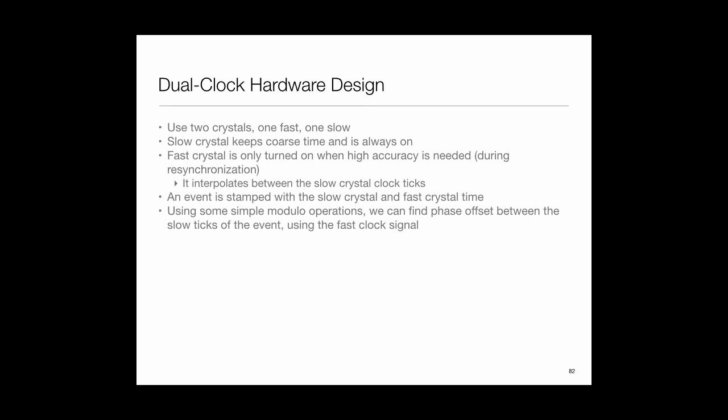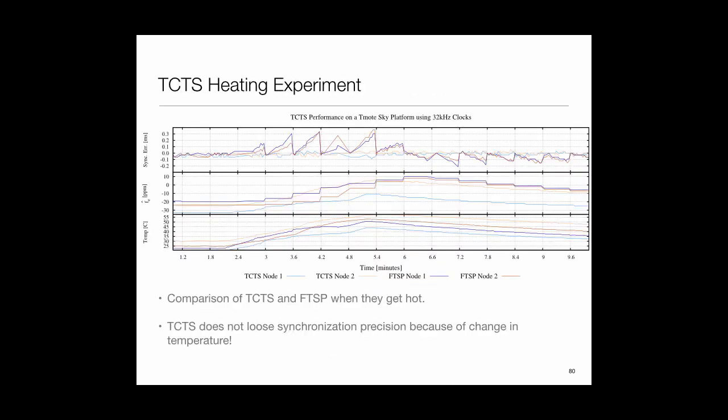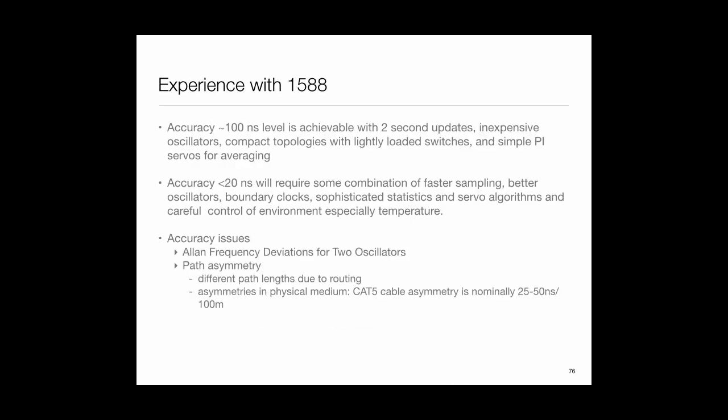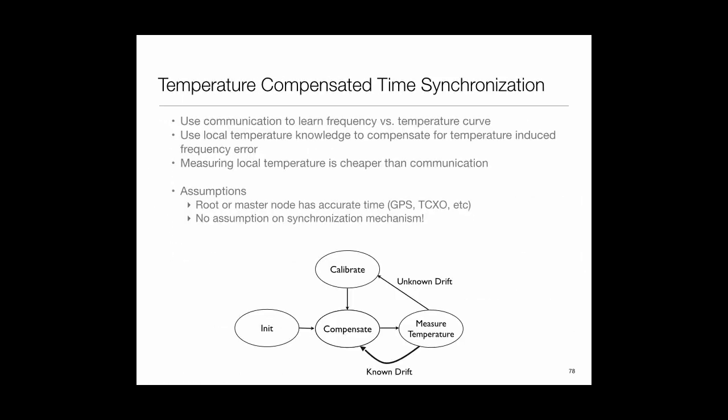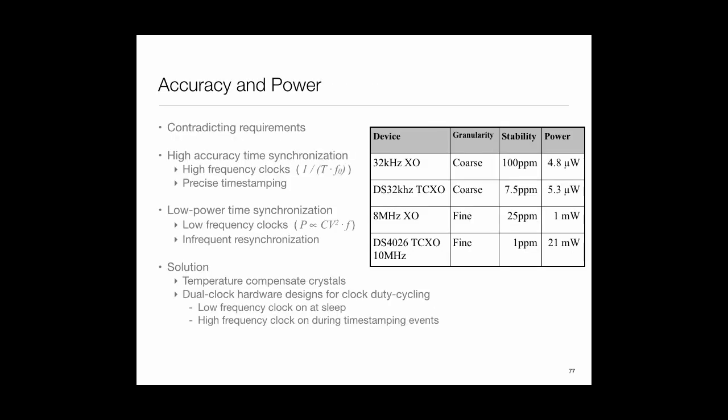The other one which I wanted to go over, another area that people have explored, is this tension between granularity, power and stability. Good quality clocks, besides dollar cost, also cost you in terms of power.